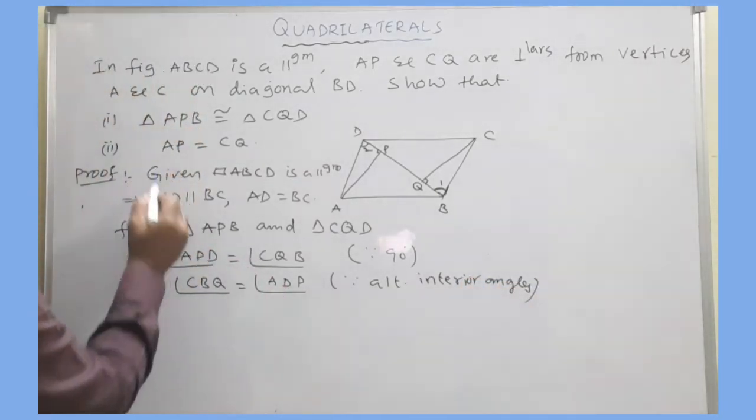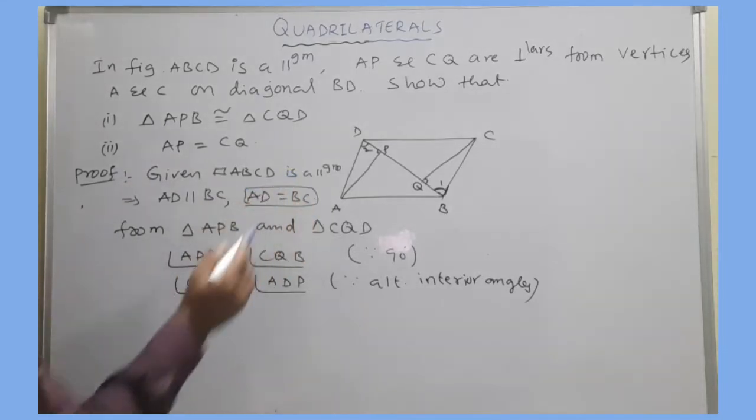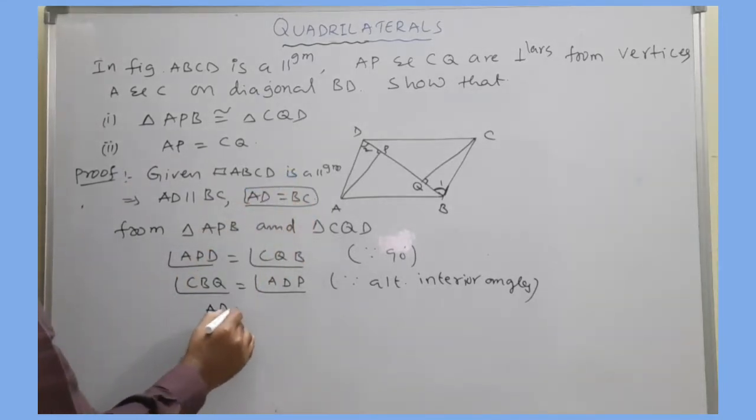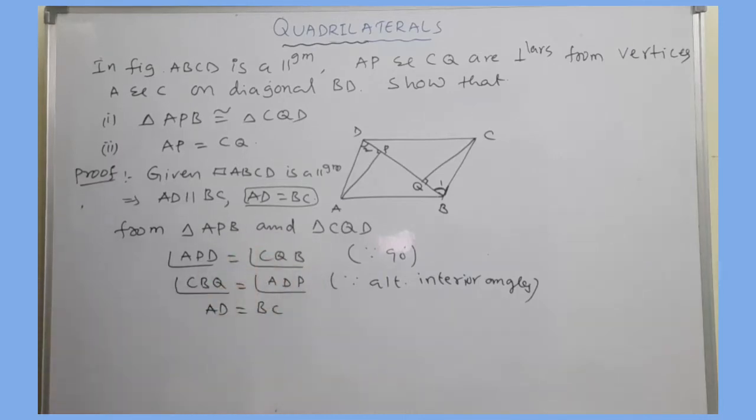And moreover, AD is equal to BC. So in these two triangles, two corresponding angles and one side are equal.